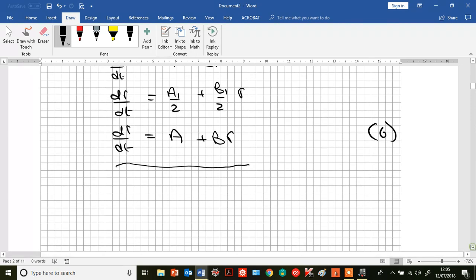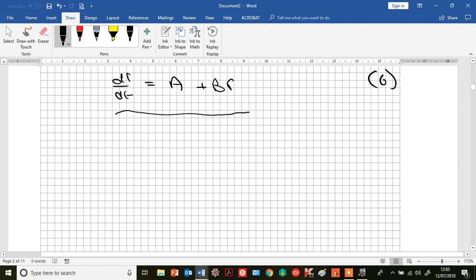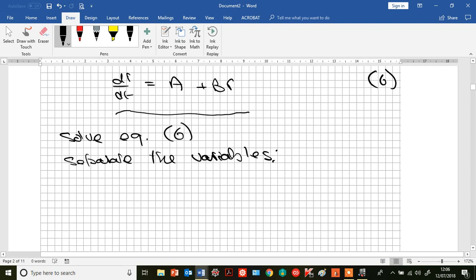And now we have to solve it. So solve equation 6. Okay, so how are we going to do this? Well, we can actually separate the variables.